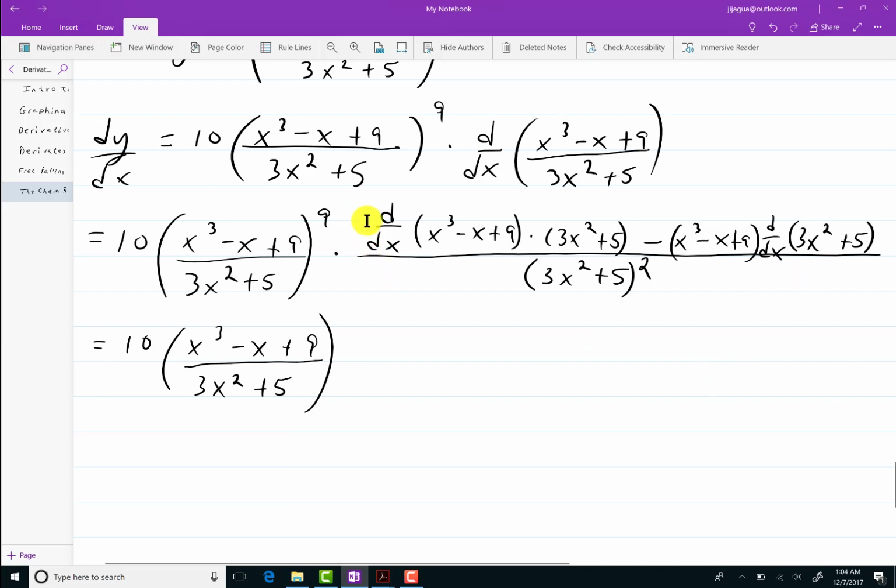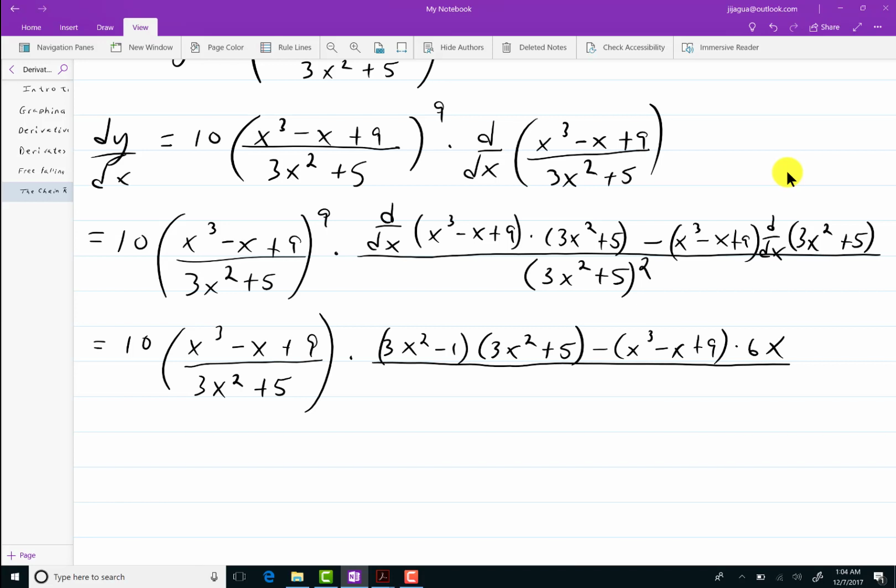This guy here is going to be 3x squared minus 1, times 3x squared plus 5, minus (x cubed minus x plus 9), and the derivative of this piece here is 6x. And all of that is over (3x squared plus 5) squared.